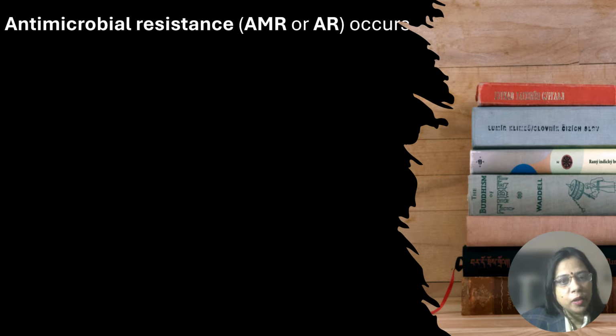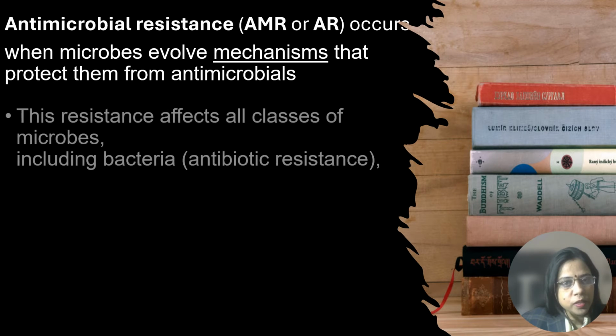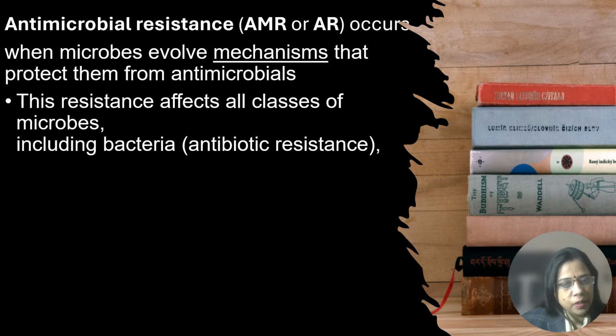Antimicrobial resistance occurs when microbes evolve mechanisms that protect them from antimicrobials, which are drugs used to treat infections.